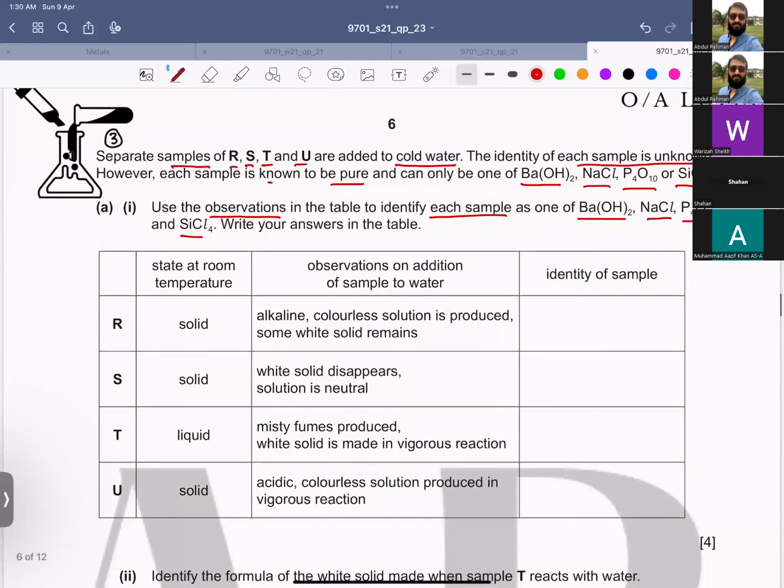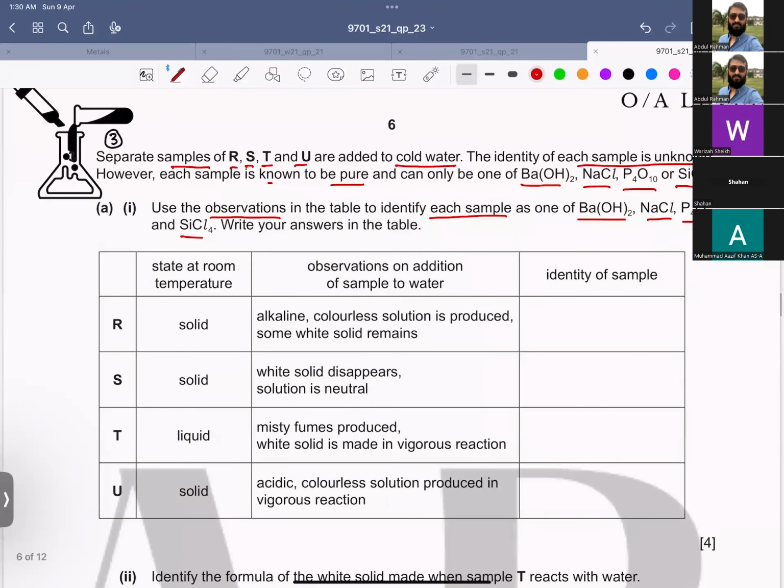Okay. So I can easily figure out something and comment on these. Barium hydroxide. Then I have sodium chloride. Then I have phosphorus oxide.